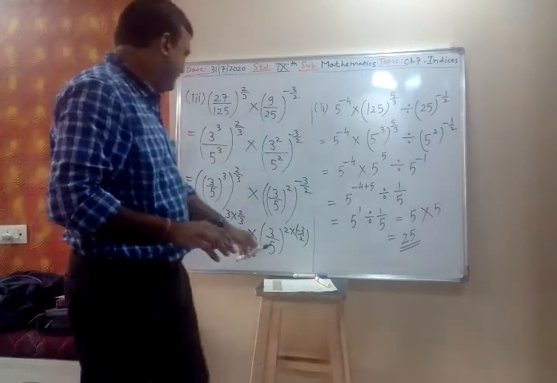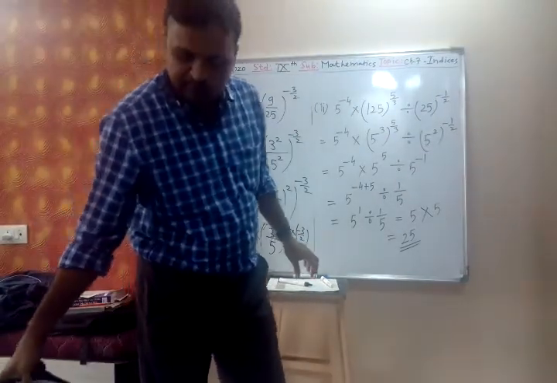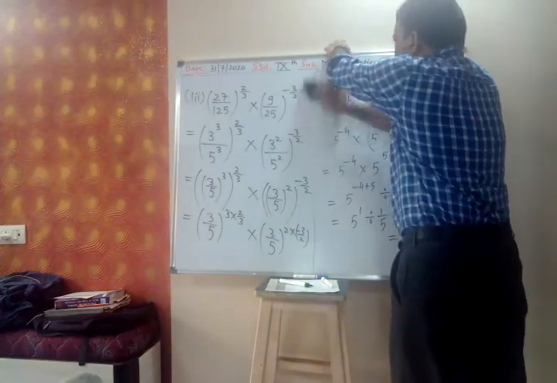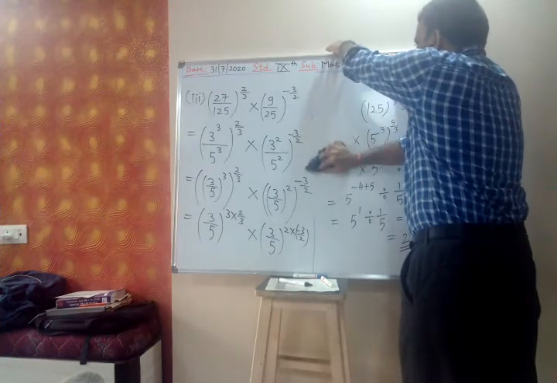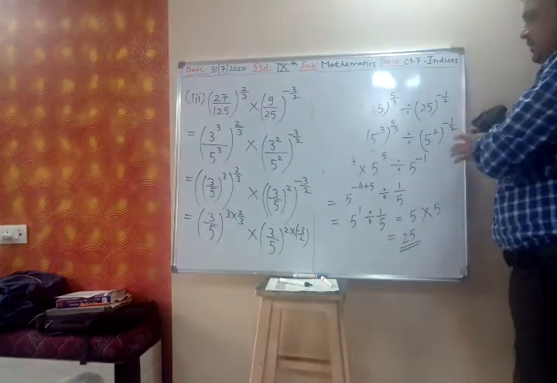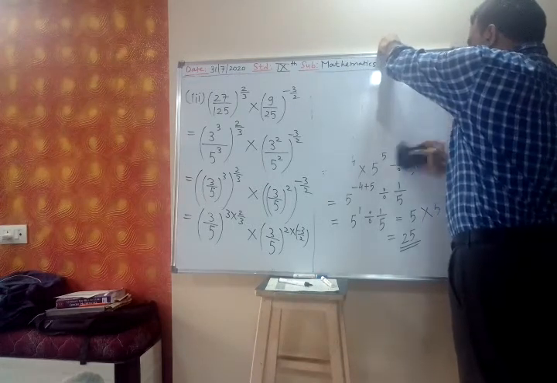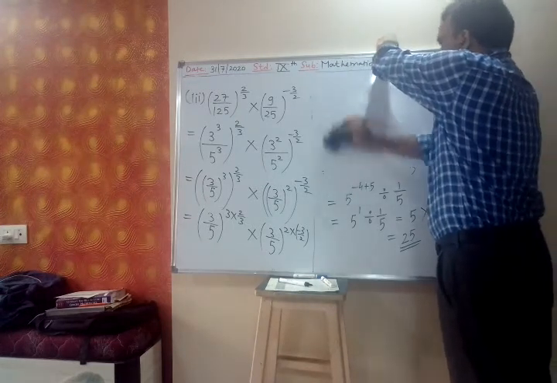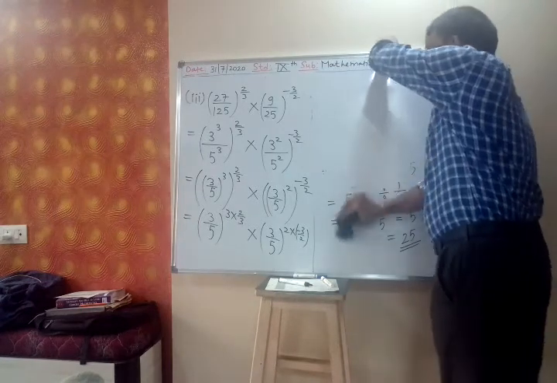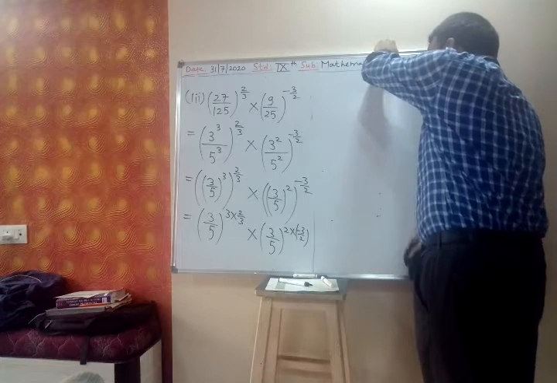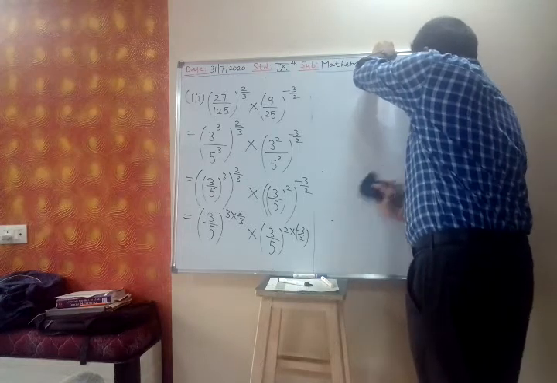So 3 gets cancelled, what is left? 3 by 5 raised to 2 and 3 by 5 raised to minus 3.